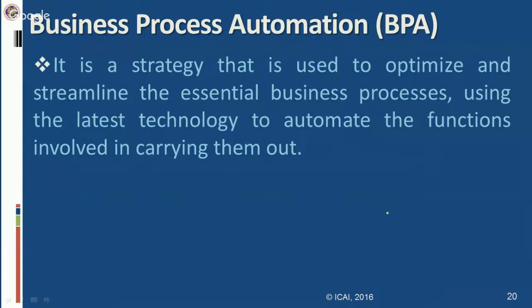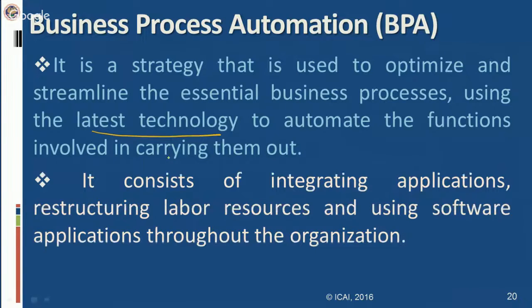Business process automation is required so that global competition can be checked, and it is defined as a strategy used to optimize and streamline the essential business processes using the latest technology to automate the functions involved in carrying them out. It consists of integrating applications, restructuring labor resources, and using software applications throughout the organization.